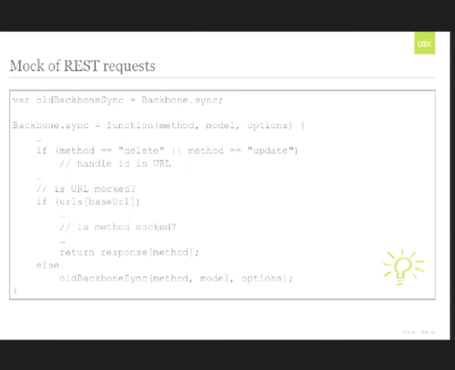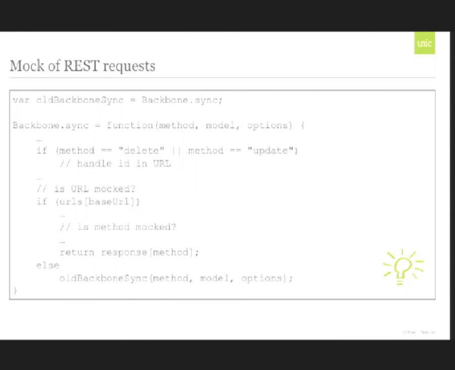Our approach was to override the Backbone sync, because the problem was all the Backbone interface. So you see here some really simplified code. We just store the original method. If we don't find a mock, we just go as if we hadn't any mock.